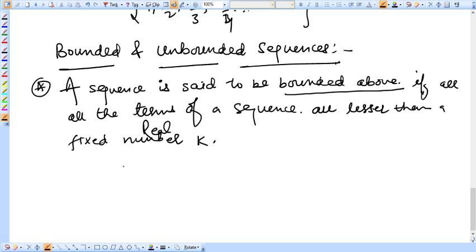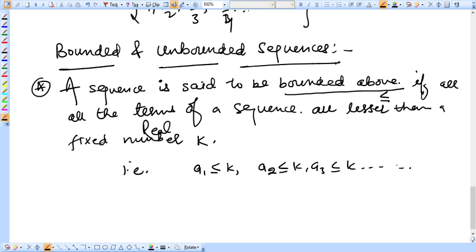That is, a1 must be less than or equal to k, and a2 must also be less than or equal to k, a3 must also be less than or equal to k, and so on.